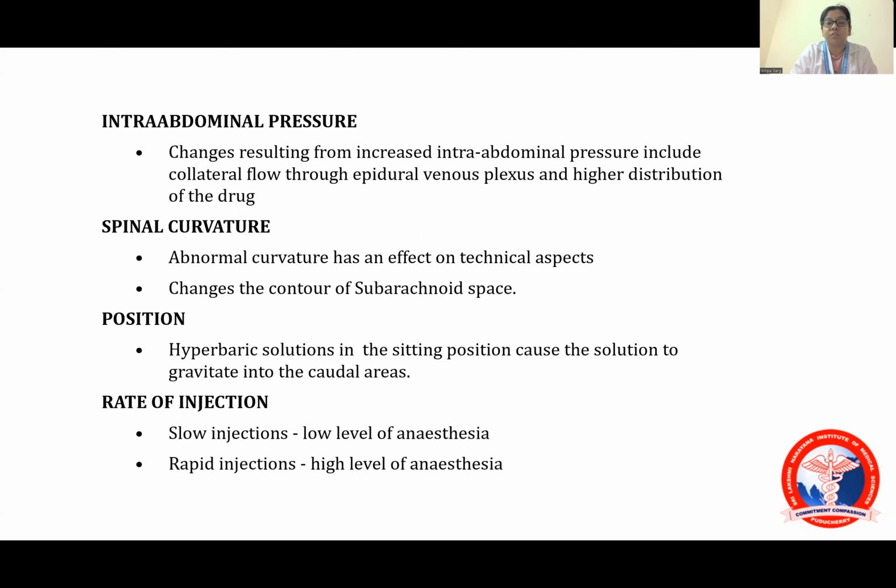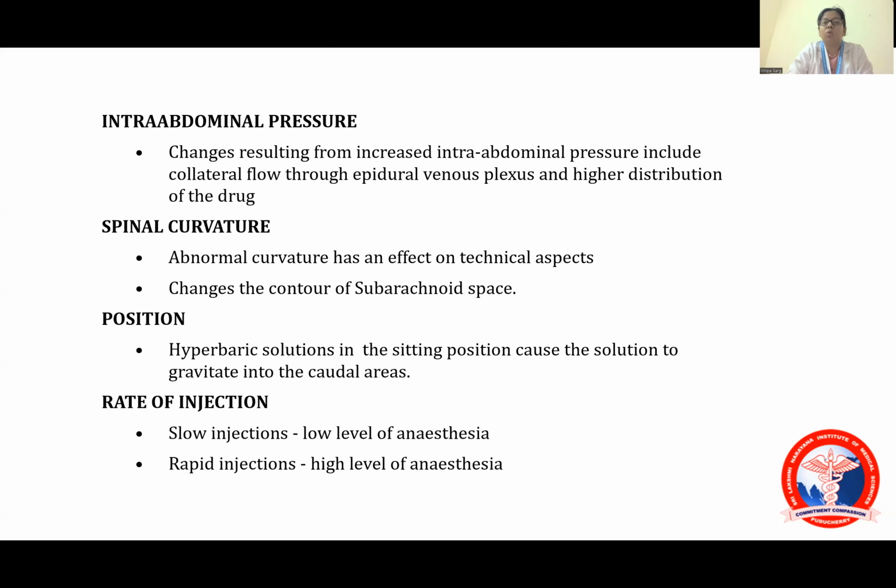In spinal curvature, basically abnormal curvature has no effect on technical aspects. Position will matter greatly. In cases of hyperbaric solutions in sitting position, they cause the solution to gravitate into caudal areas. Next, how does the rate of injection affect the block height?